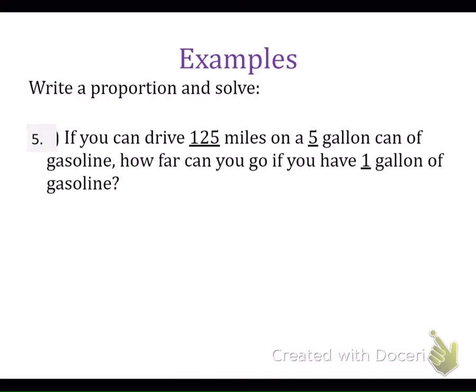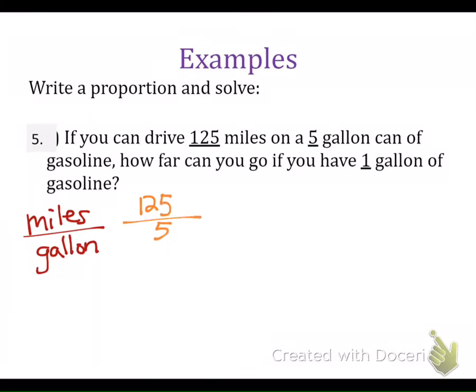Alright, if you can drive 125 miles on a 5-gallon can of gasoline, how far can you go if you have 1 gallon of gasoline? So let's do miles per gallon. So our first one is 125 miles on 5 gallons. So 125 over 5. How far can you go if you have 1 gallon?